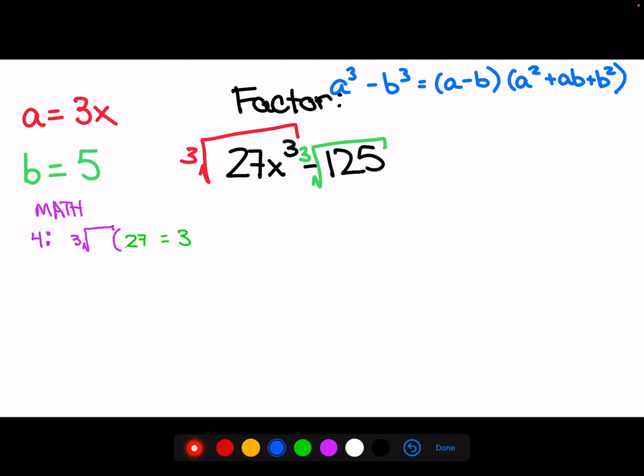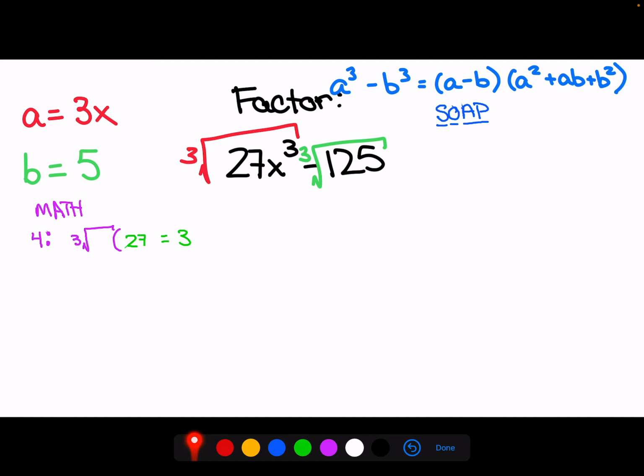Now, dealing with this long stretch of factoring, what we want to remember with this is SOAP. SOAP: Same, opposite, always positive. SOAP deals with the signs in front of each term. Since I have a minus that we're starting with, this is a difference of cubes. It's not a sum of cubes.